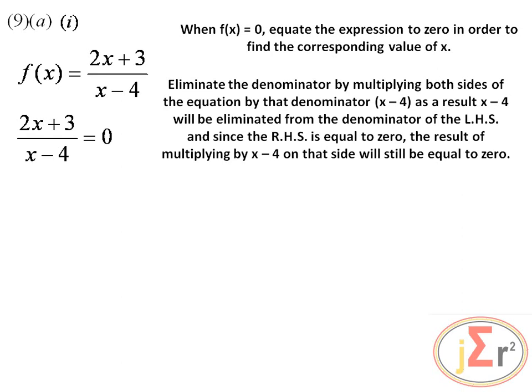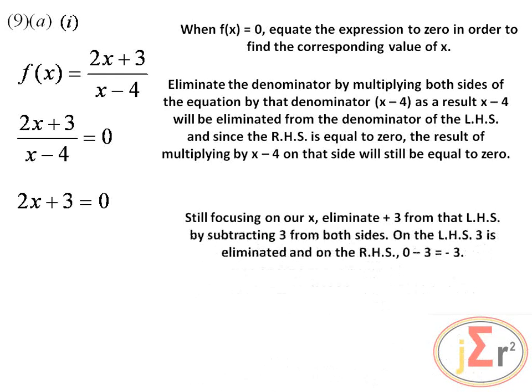And since the right hand side is equal to 0, when we multiply that right hand side by x minus 4, the result will be 0. Since the right hand side is equal to 0, the result of multiplying by x minus 4 on that side will still be equal to 0. So 2x plus 3 is equal to 0, and that we solve.